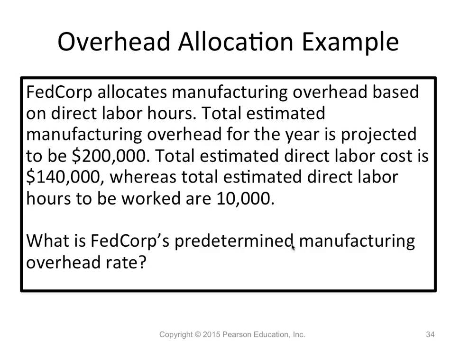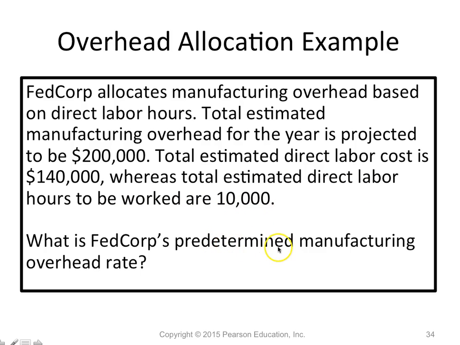So here's an example. Fed Corp allocates manufacturing overhead based on direct labor hours. Total estimated manufacturing overhead for the year is projected to be $200,000. Total estimated direct labor cost is $140,000, whereas total estimated direct labor hours will be 10,000 hours.